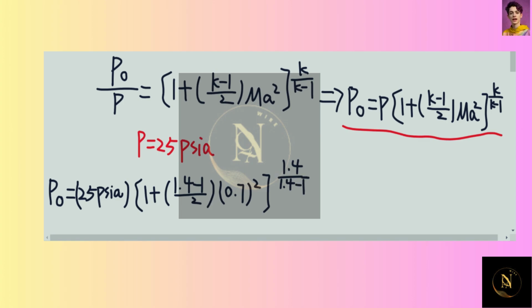And this will give us the stagnation pressure is about 34.7 psia.